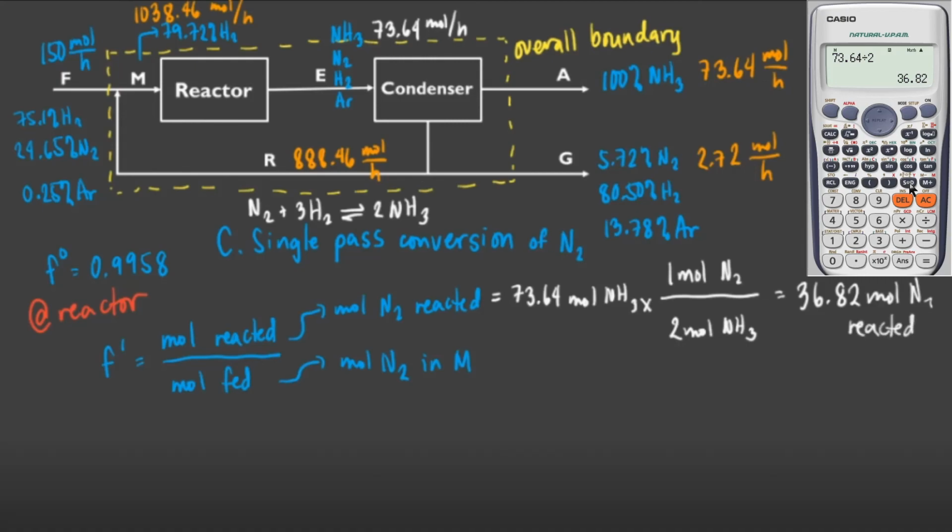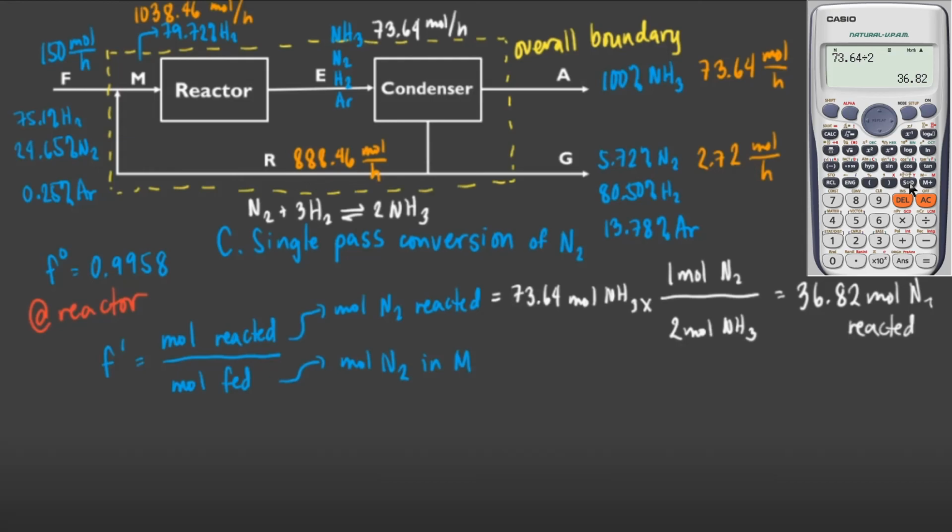We now have figured out the numerator of our single pass conversion. How about the denominator? The number of moles of nitrogen in the mixed feed can be determined by performing another component balance in the mixing point. If you take a look at the mixing point, it involves the feed, the mixed feed, and the recycle stream.